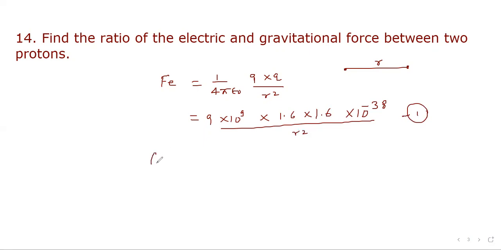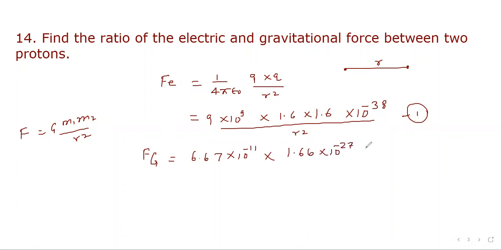Now the gravitational force Fg is equal to the gravitational constant. Here we are going to apply F equal to G times m1 m2 divided by R square. So this is 6.67 into 10 to the power minus 11 times the product of the masses of protons, 1.66 into 10 to the power minus 27 into 1.66 into 10 to the power minus 27 divided by R square.